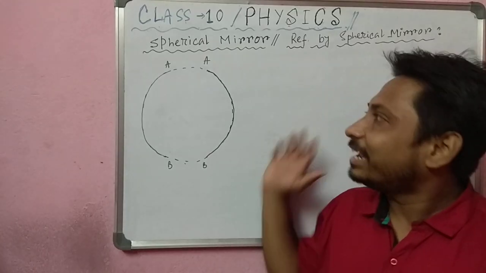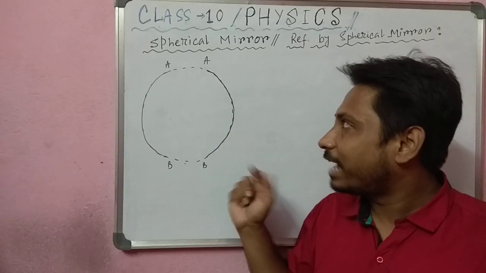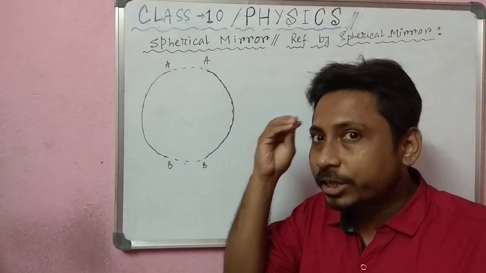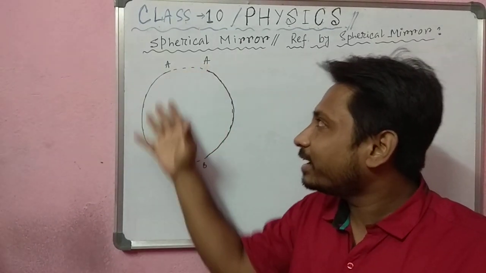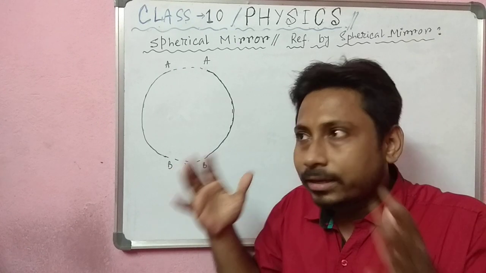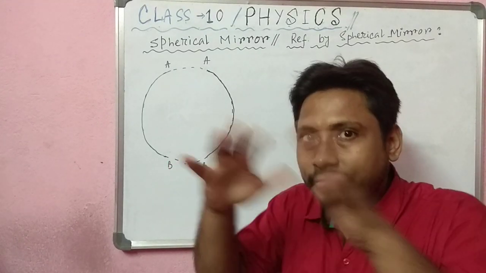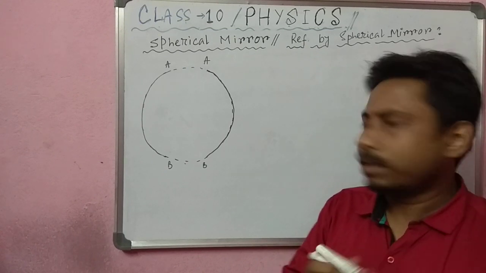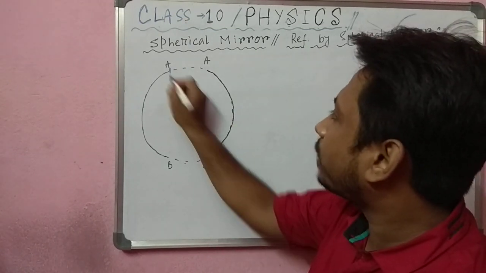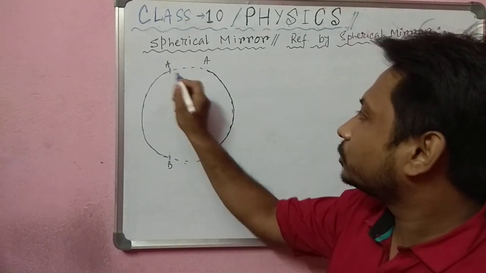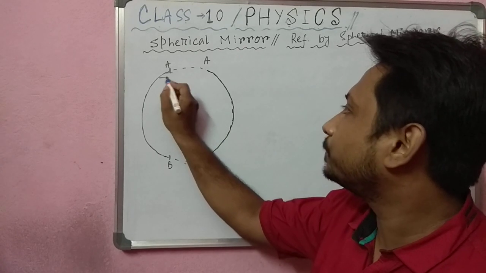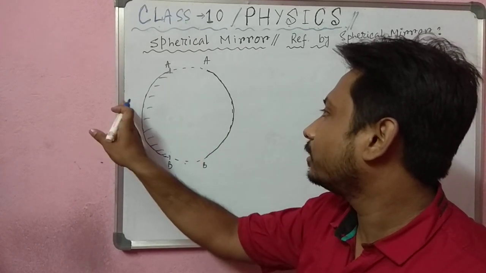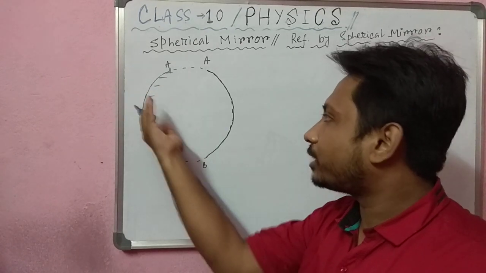So students, on this board I have drawn a circle, but think in mind it is a kind of sphere. Think of a football, it's a sphere, and if you cut it from this portion and silver this portion, so light doesn't penetrate through it.